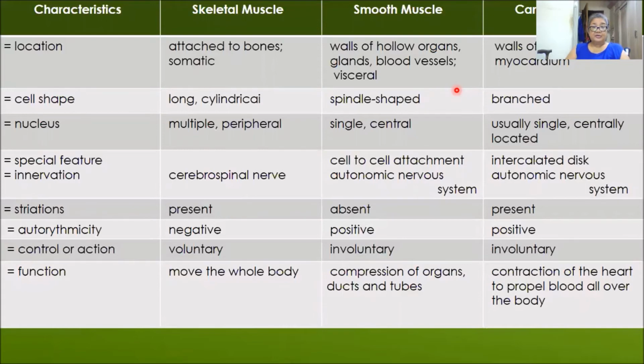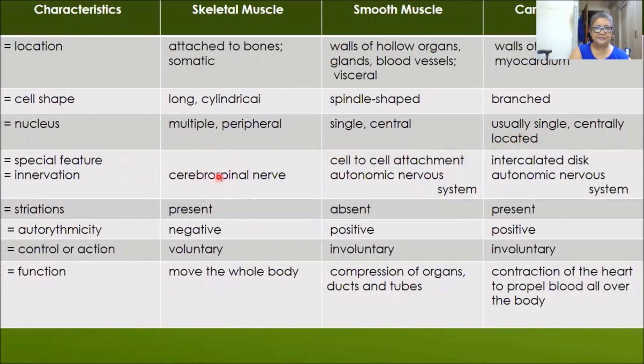As to the nucleus, the skeletal muscle is multiple, and it is found on the peripheral area of the cell. Then the smooth muscle is single and centrally located, in the same way as the cardiac muscle.